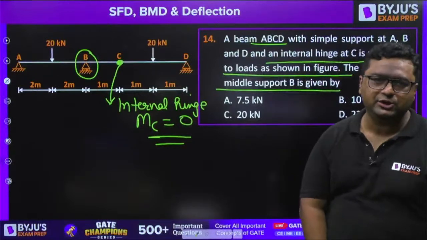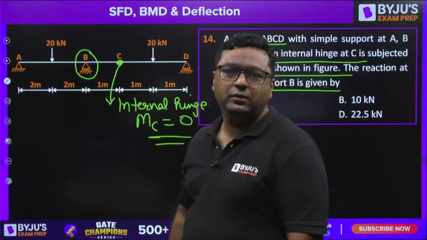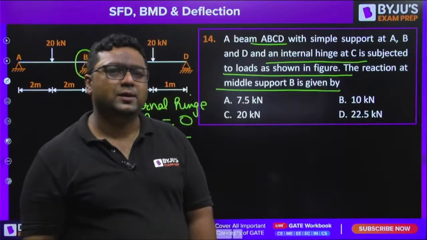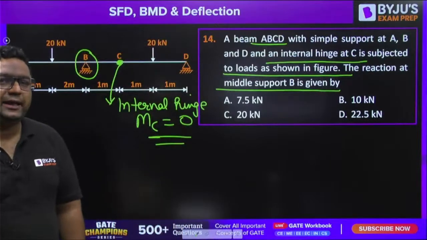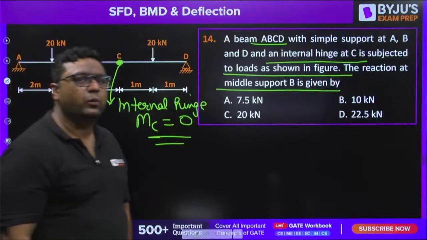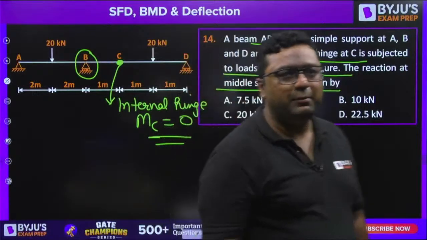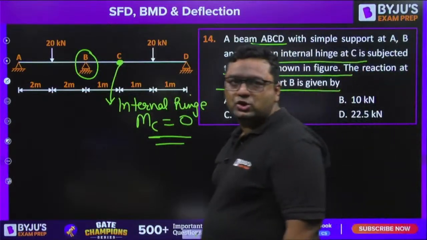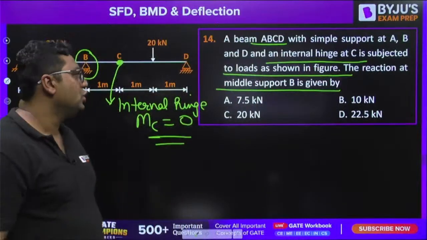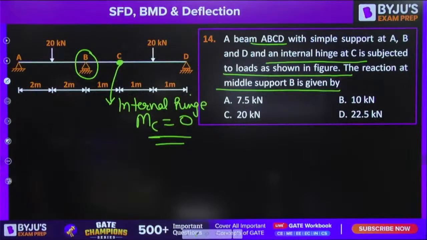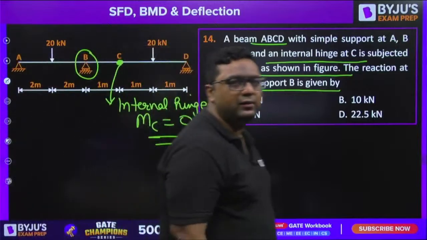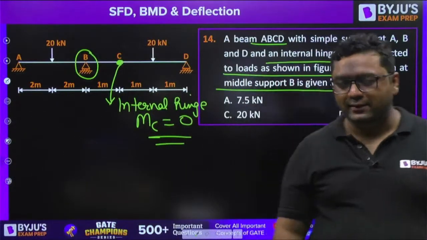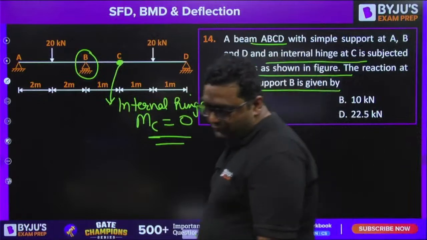Great, great, Krishan. Ramesh Mon is saying the answer is D. Okay, what about others? Ambati is saying D. Okay, very good, Ambati.